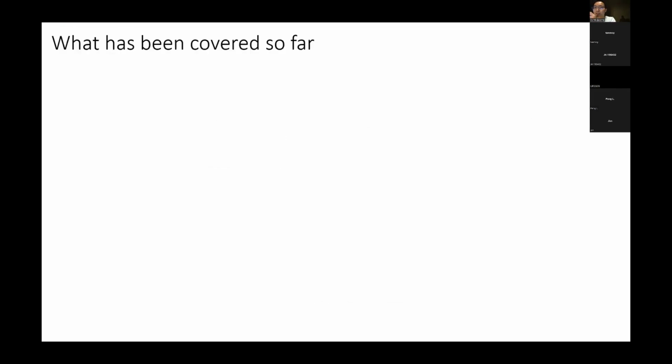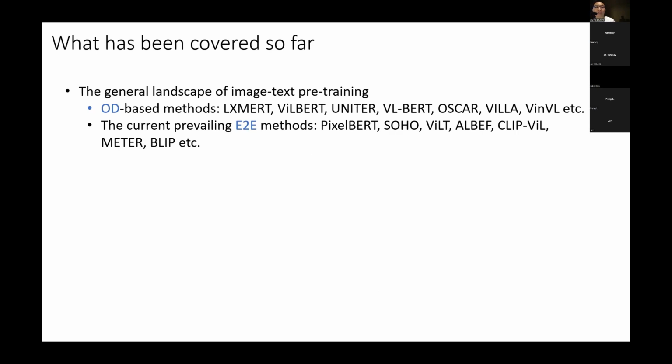So let's first have a very high-level recap of what has been covered so far. In the first talk, we have been talking about the general landscape of image text pre-training. And here we have been talking about two kinds of VLP methods. One traditional early method is based on object detection to get the feature offline.